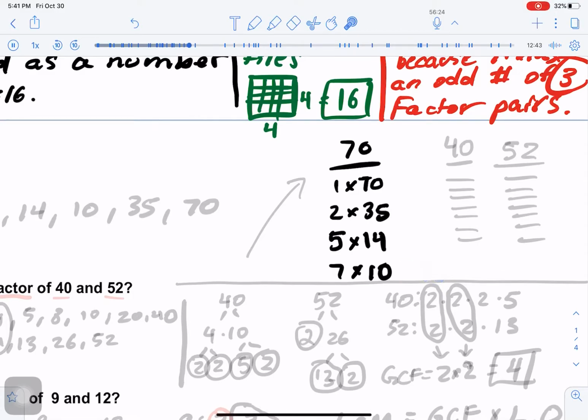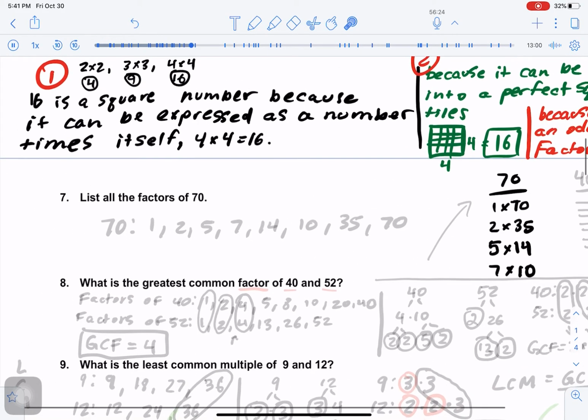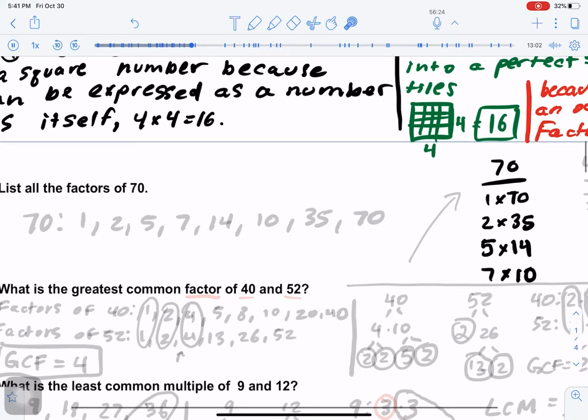And from here, my list would repeat. All other numbers greater than 10 are not factor pairs until we get to 14, and we would see 14 times 5, and we would see the repeat of 35 times 2. So I won't write those down. I'll stop here, and I'll just make sure that I include all of these factor pairs, going from 1 to 7 and from 10 to 70.